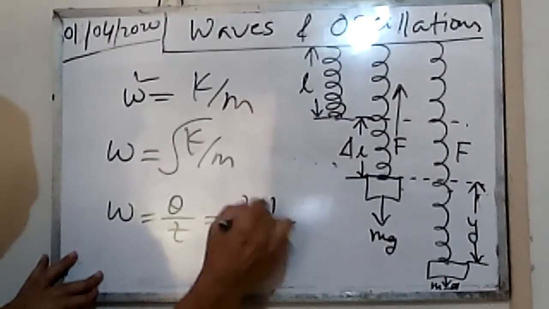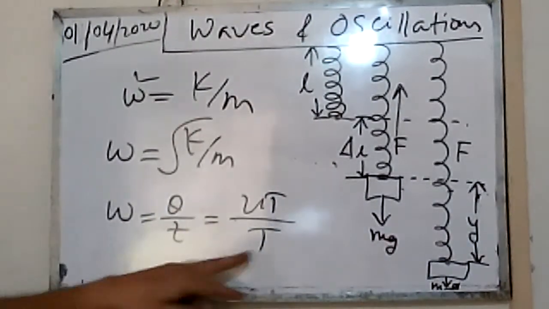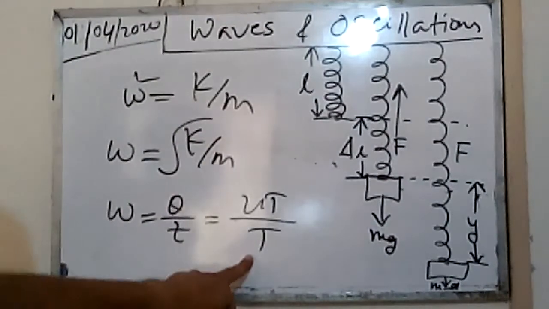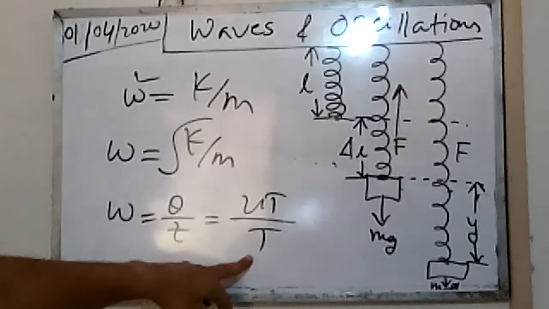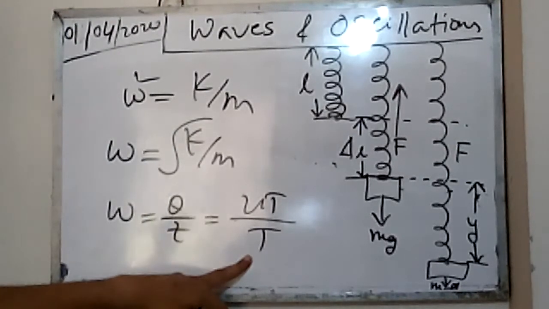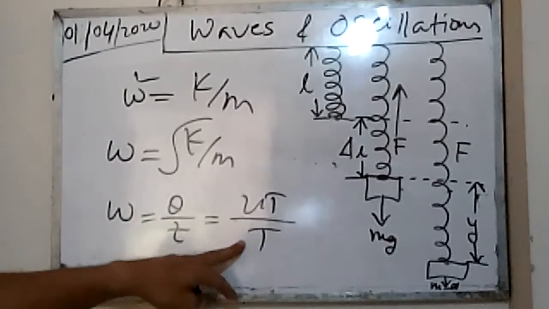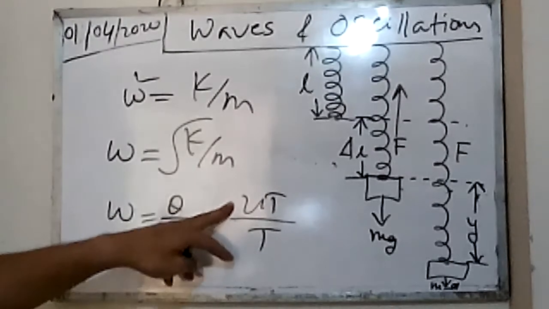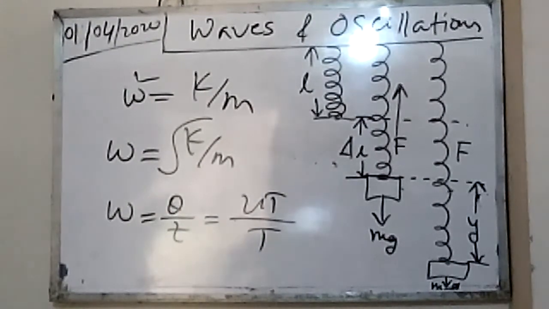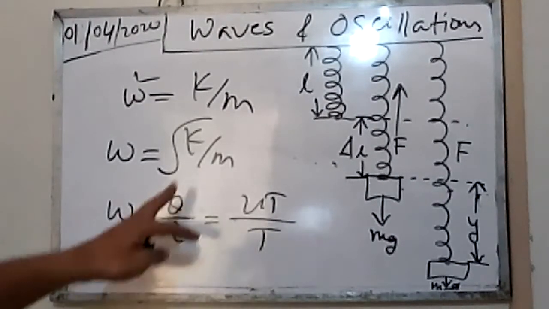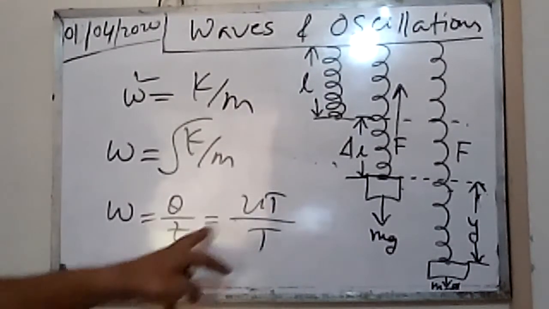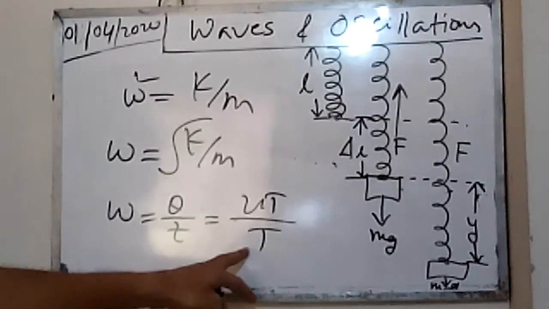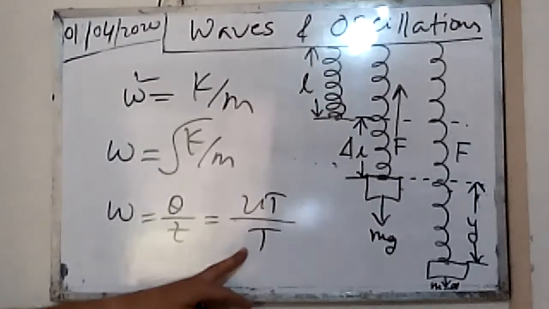If theta equals 2 pi radian, t will be capital T, which means time period, the time required for one complete oscillation. For a complete oscillation the phase angle is 2 pi, so theta will be 2 pi and t will be capital T.